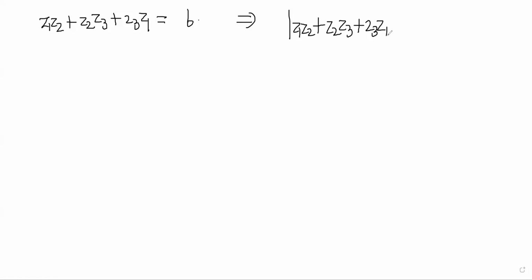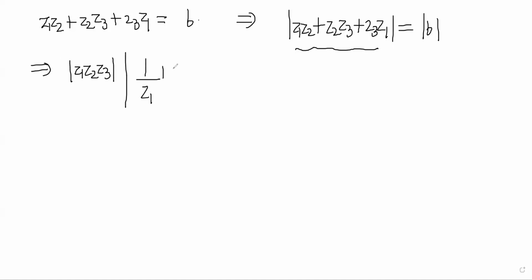By Vieta's relations again, z1 z2 plus z2 z3 plus z3 z1 in the equation is equal to plus b. So that implies that mod of z1 z2 plus z2 z3 plus z3 z1 is equal to mod of b. Now here we can do a simple operation. We can take mod of z1 z2 z3 common, and we are ending up with 1 by z1 plus 1 by z2 plus 1 by z3.